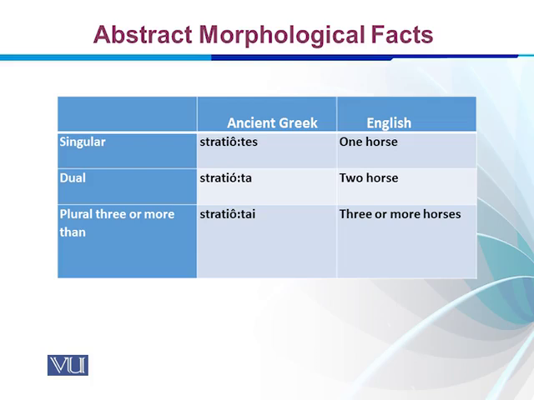So it means that in certain languages the rule of plural is different. In some languages there is no plural morpheme. In other languages there are more than one morpheme, for singular, for two things, two objects, and more than two objects.